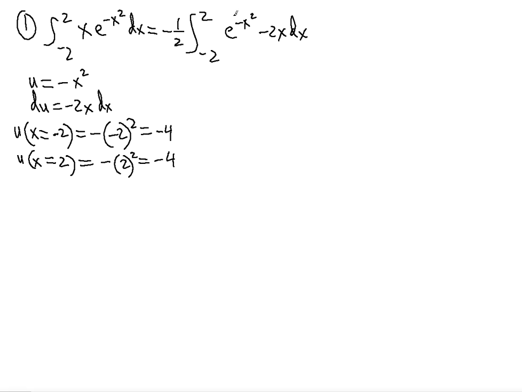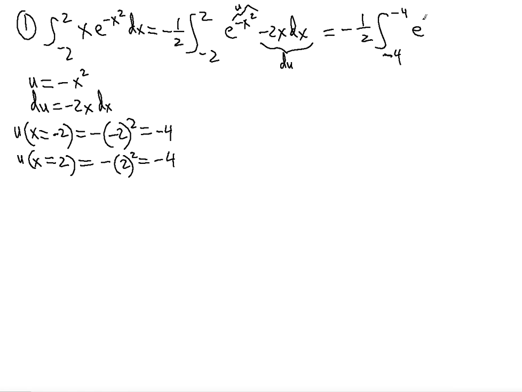Right, so notice that this part is equal to u, and this negative 2x dx is the du. Now we're going to change the limits of integration. -1/2 will be there. So the x of -2 becomes -4 for the u. And when x is equal to 2, the u becomes -4 as well, as we decided. It should give you the integral of 0, but let's see if that's true.